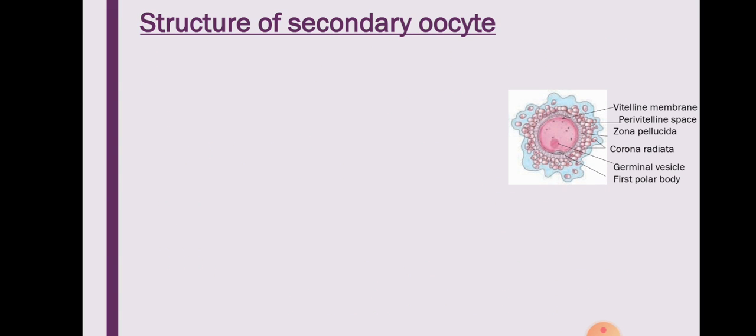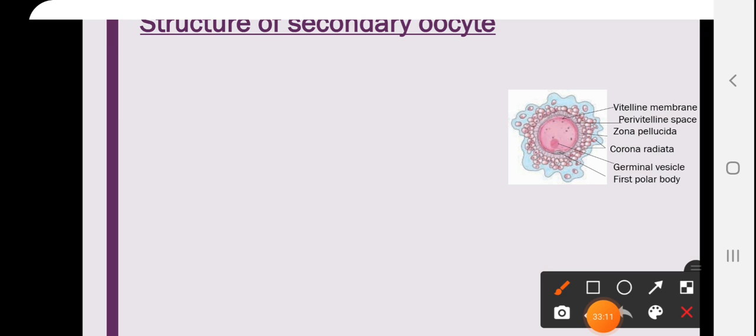Now here is the structure of the secondary oocyte. This secondary oocyte is surrounded by a lot of cells. These cells are called corona radiata cells. Here I'll point them out so that you can see. These are the corona radiata cells. Here you can see the first polar body.